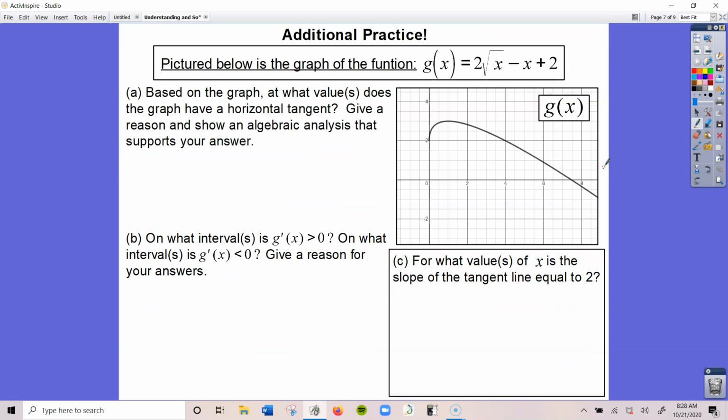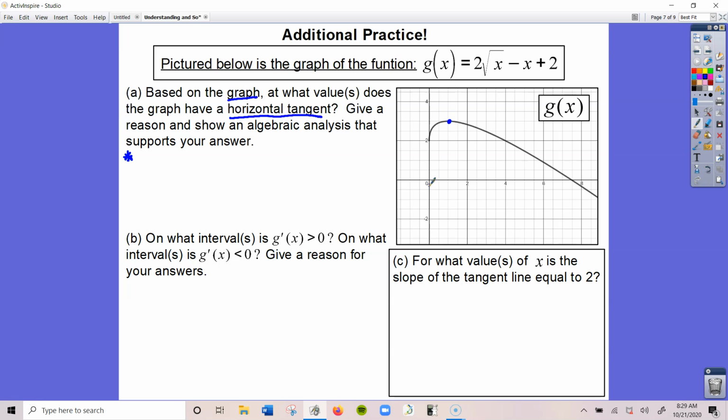Moving along, we're going to, again, just keep practicing. We have the function g of x, and we have the actual equation along with the graph. So we're using the graph to answer these questions. At what value does the graph have a horizontal tangent? I'm going to answer the following question after that, but let's just go ahead and answer this one. We have a horizontal tangent when the function would have a maximum or minimum, which is right here.